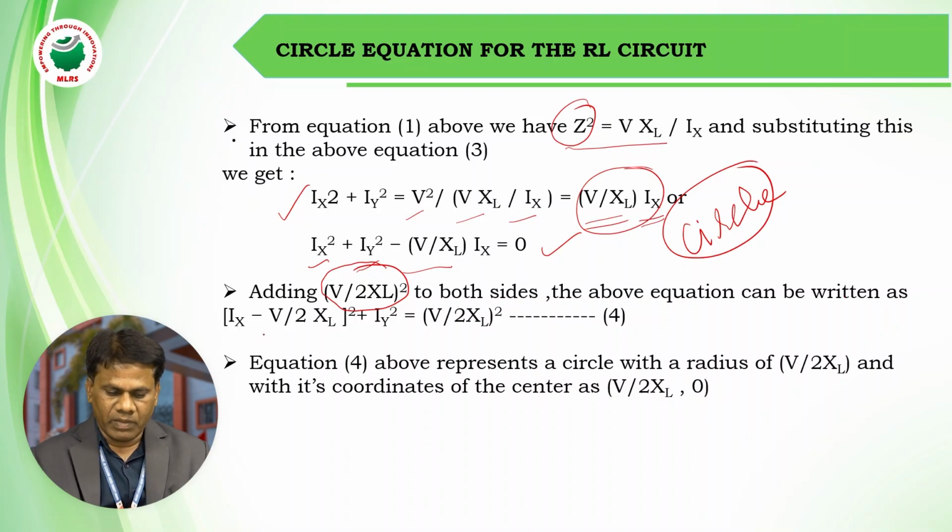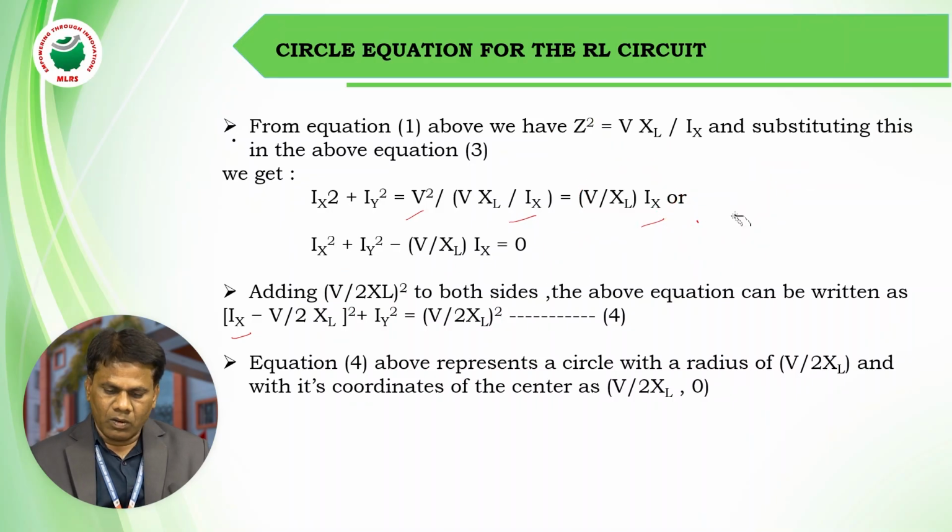The above equation can then be written as Ix minus V by 2 XL whole square plus Iy square is equal to V by 2 XL whole square. So this is the final equation, equation number 4.